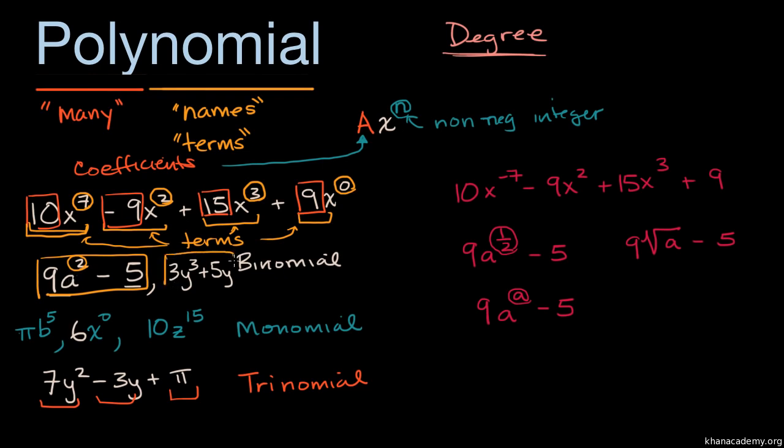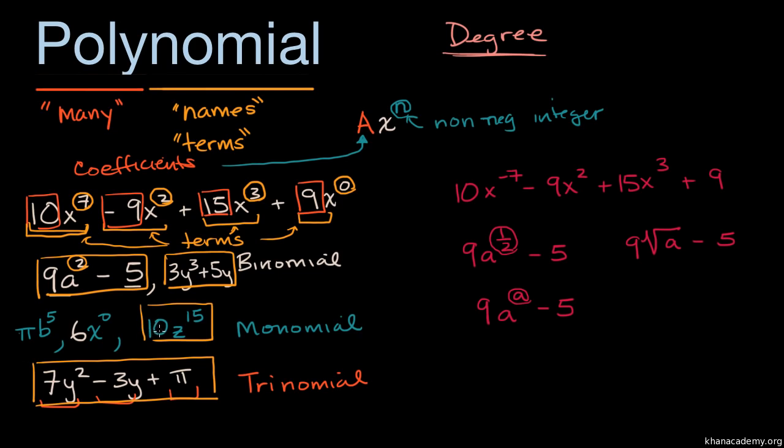This right over here is a 3rd degree. You could even say 3rd degree binomial because its highest degree term has degree 3. If this said 5y to the 7th instead of 5y, then it would be a 7th degree binomial. This right over here is a 15th degree monomial. This is a 2nd degree trinomial.